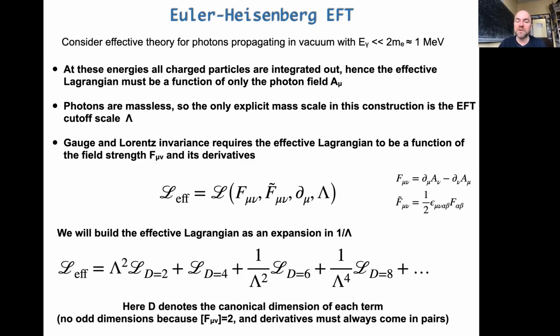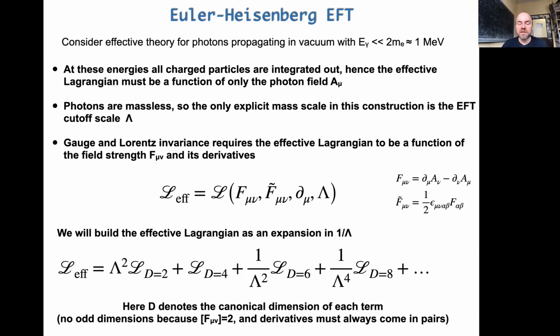So that means that the effective Lagrangian has to be a function of F_mu nu, and also another auxiliary object which I called F twiddle_mu nu, which is just F_mu nu multiplied by the Levi-Civita tensor. We can also use the derivatives and the scale lambda.